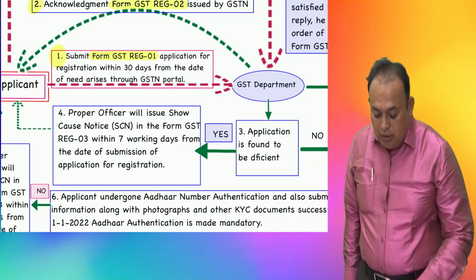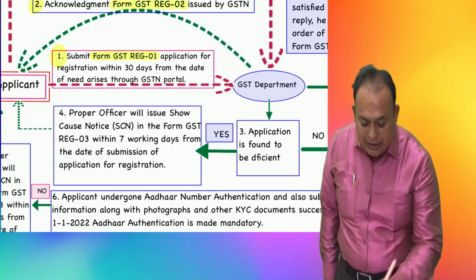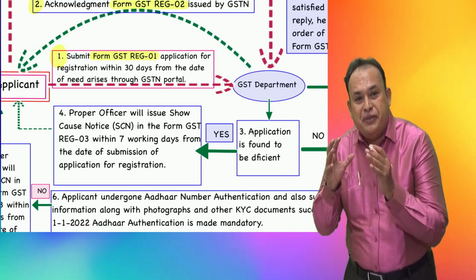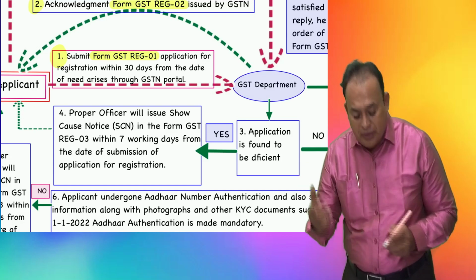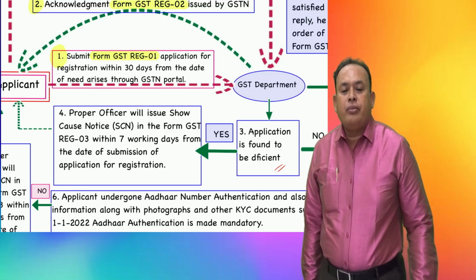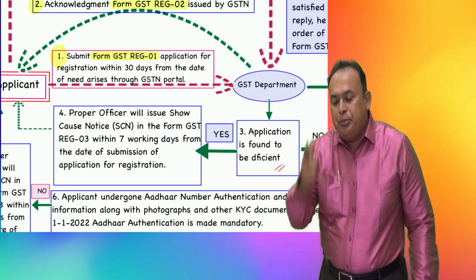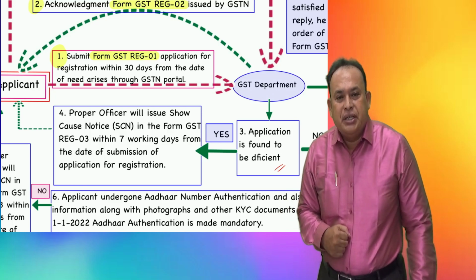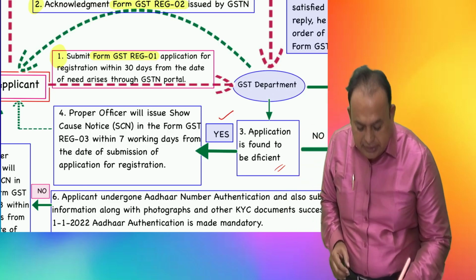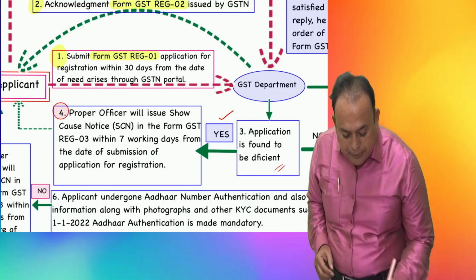If the department finds any deficiency in the application, that means they have found some defects. They identified certain defects in the application for registration. If yes, then step 4 comes into picture after step 3.